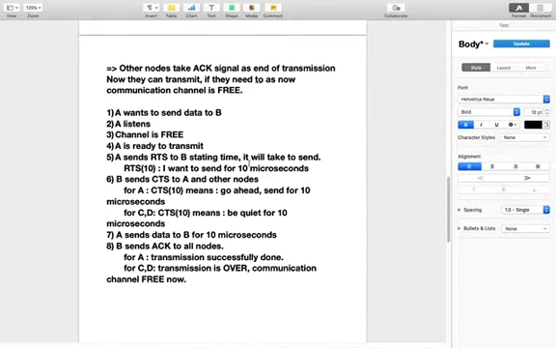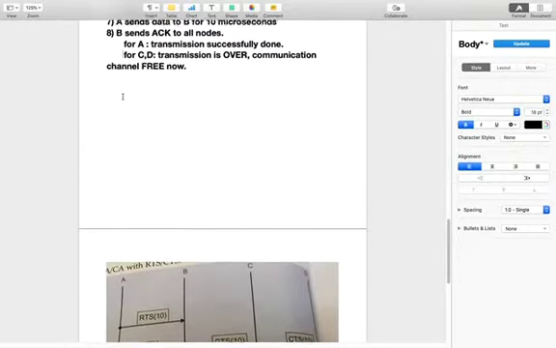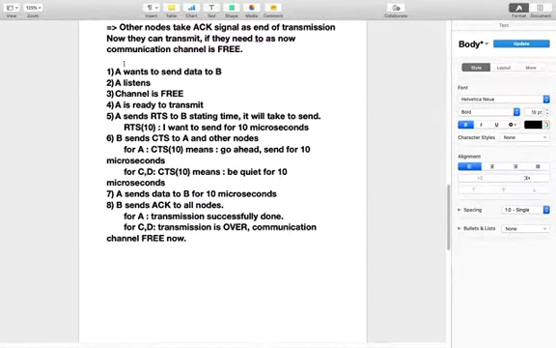We can understand this algorithm by the following steps. A wants to send data to B. A listens, the channel is free, and A is ready to transmit. So A sends an RTS to B, saying it wants to send for 10 microseconds.